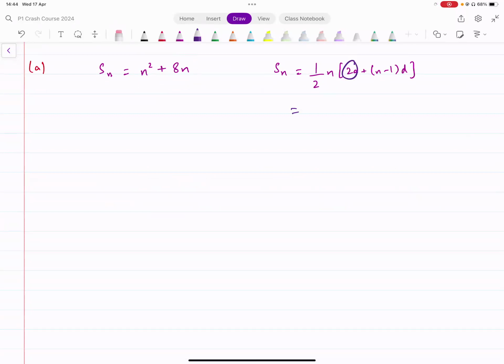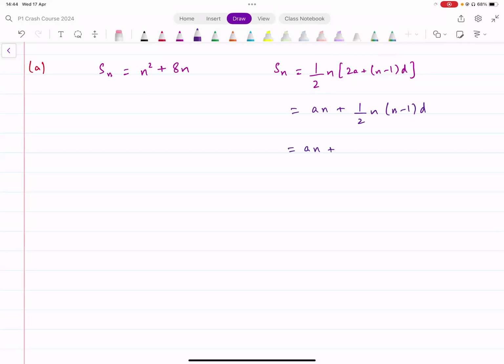Half n into 2a. 2 and 2 get cancelled, and we're left with a times n. And then half n into this whole thing. That's half n into n minus 1 times the difference. Okay, now let's simplify this further.